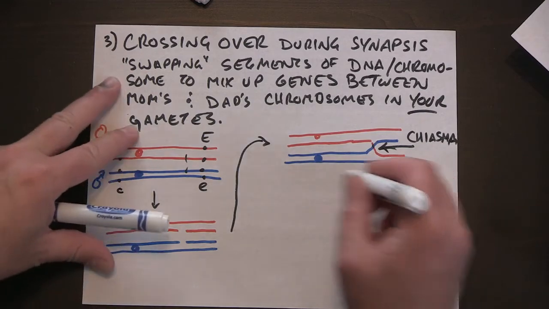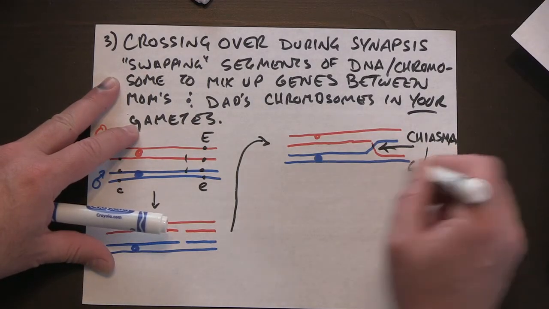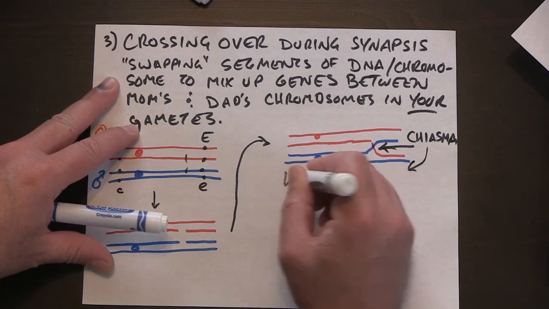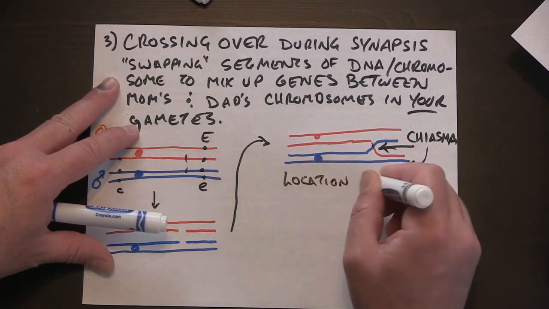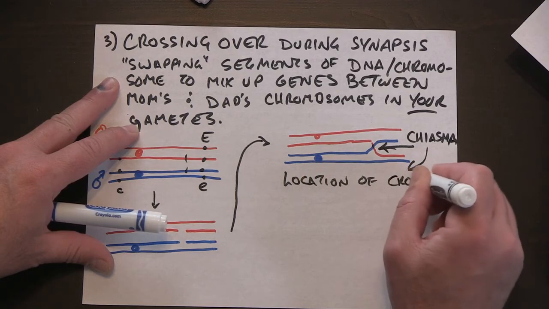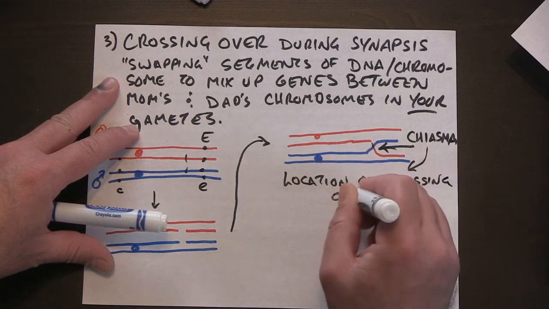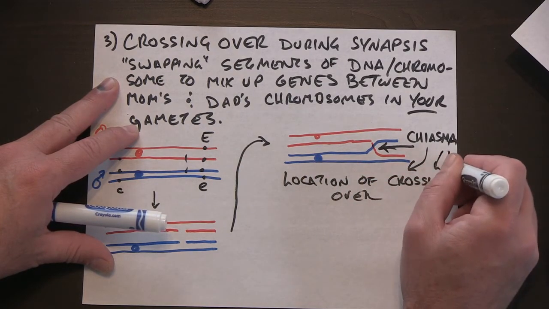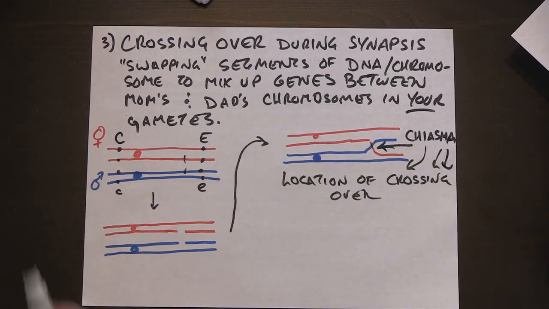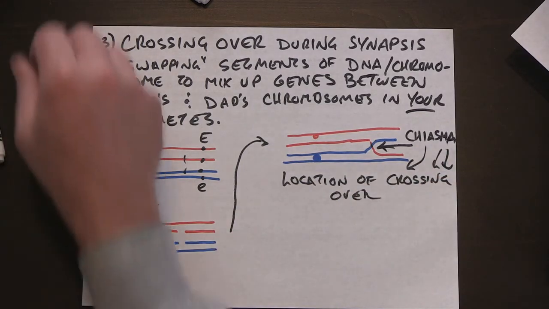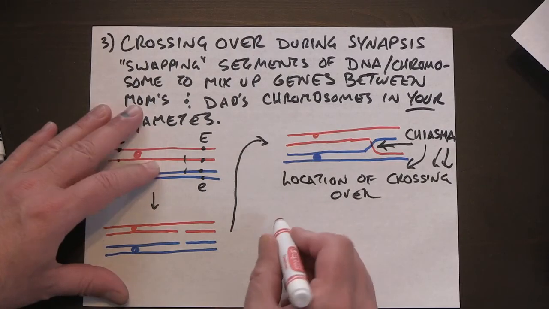That's the location. So the chiasma is the location of crossing over. Then they will reform with the exchange of that genetic material.